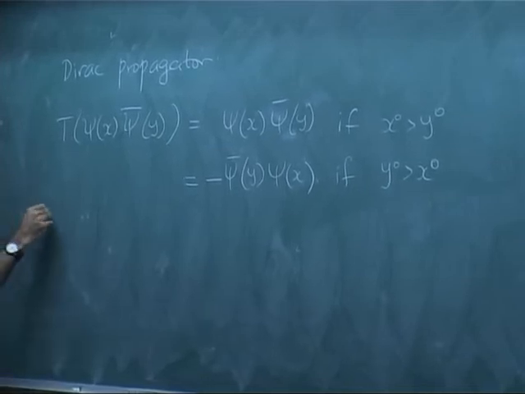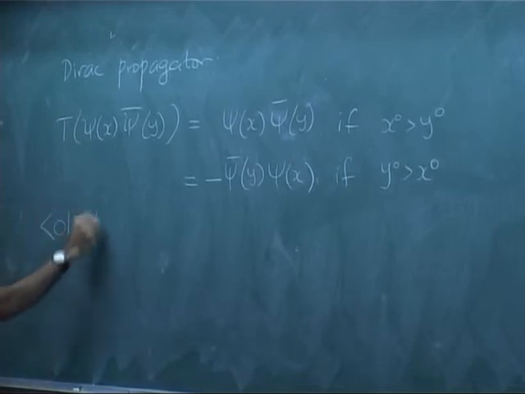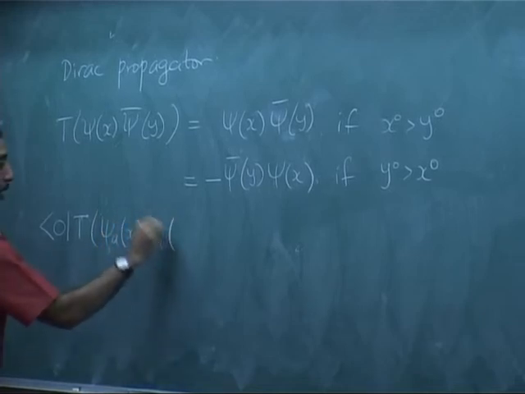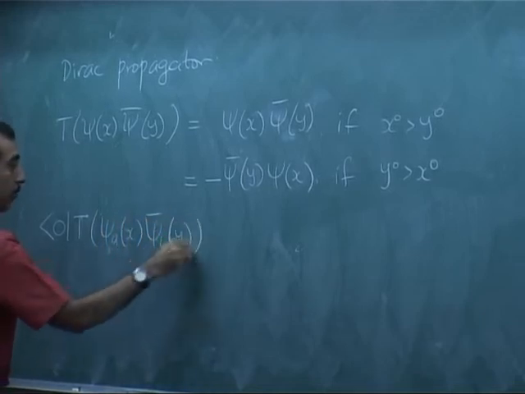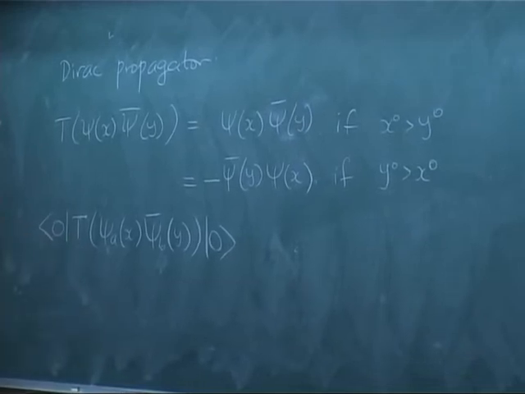Now what we want to find is the analog of Feynman propagator, the time ordering of psi A of x, psi bar B of y, in the vacuum 0. How can we find this? Well, we did a calculation in the scalar case.